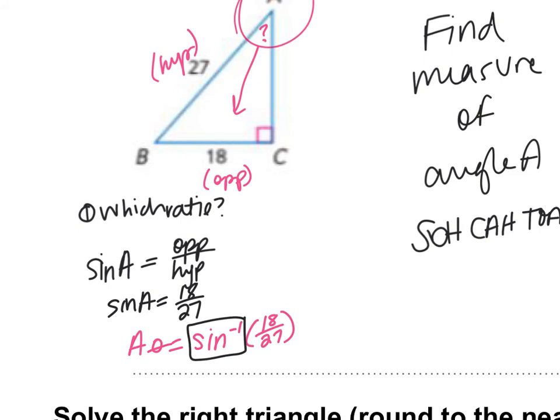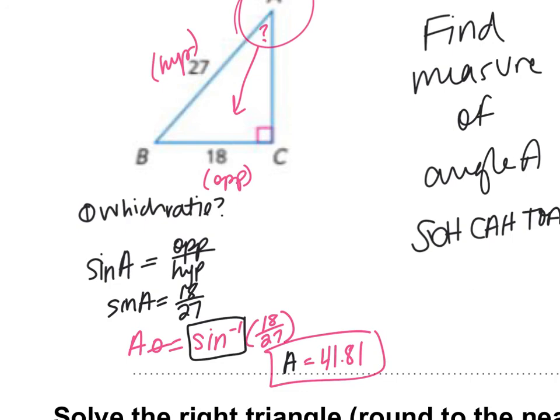When you type this in, you will find that angle A is equal to about 41.81, okay? So what that means, with our side lengths 18 and 27, due to that specific ratio, we can find that angle A is 41.81 degrees, okay?